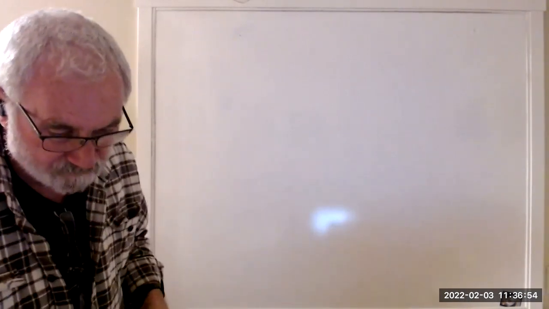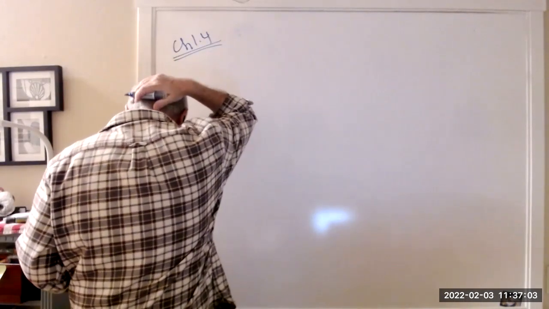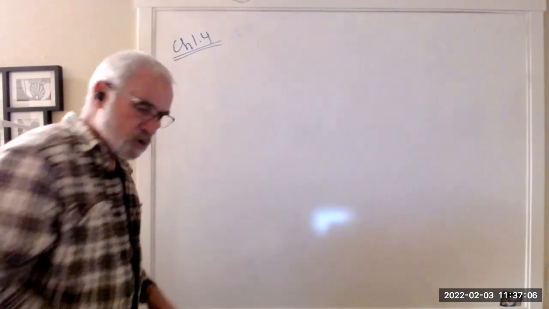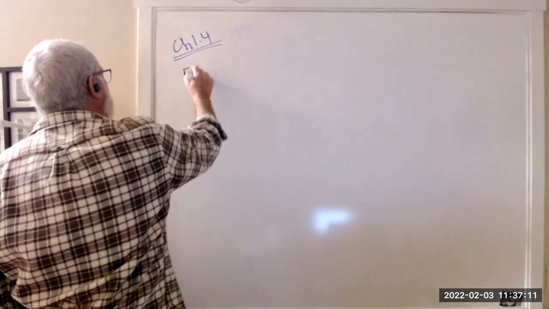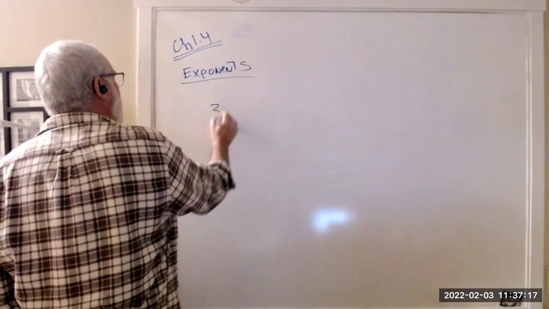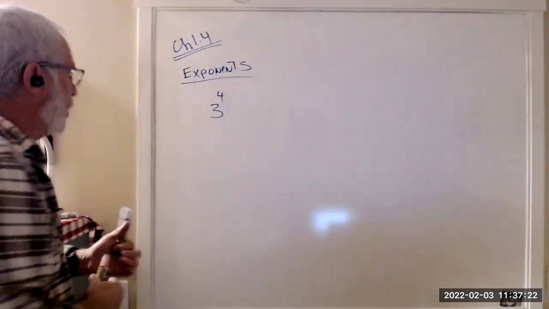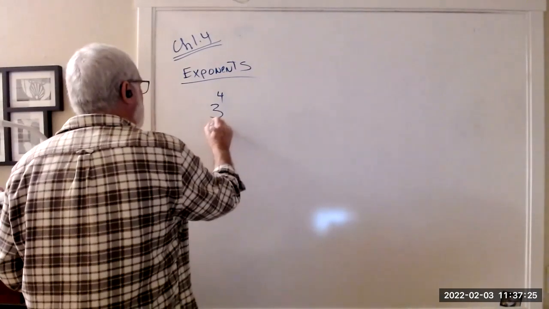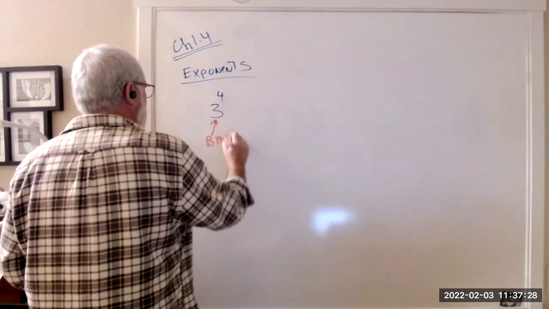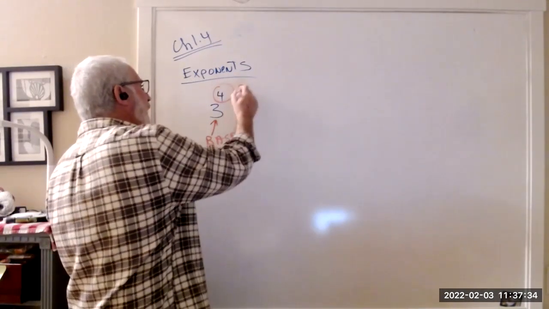In chapter 1.4, the confusion, we did this last night. First off, we want to talk about exponents. So when we write like 3 to the 4th power, the 3 is called the base. The 4 is called the power.